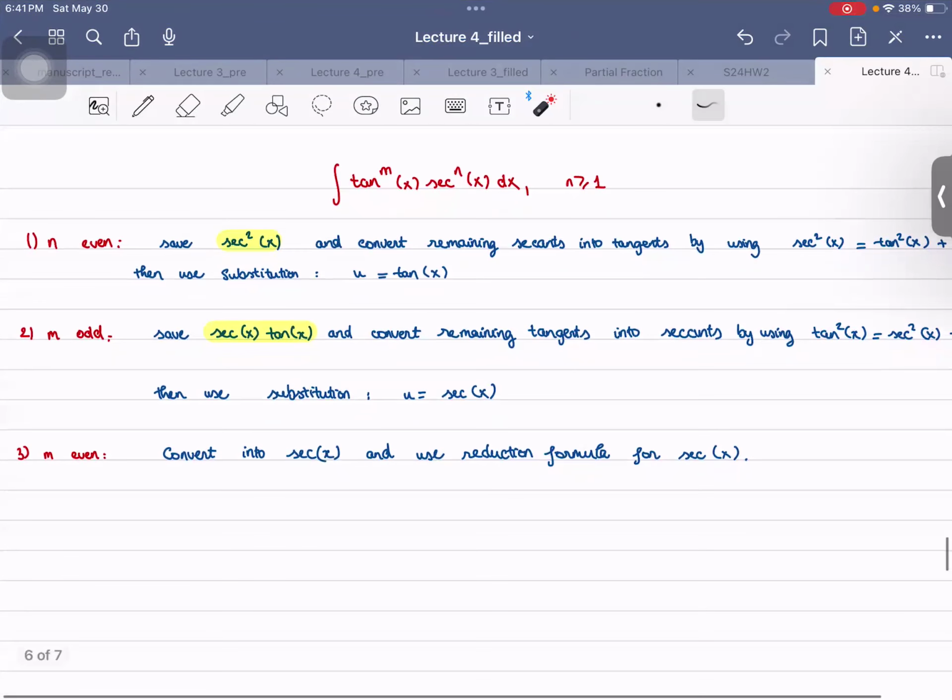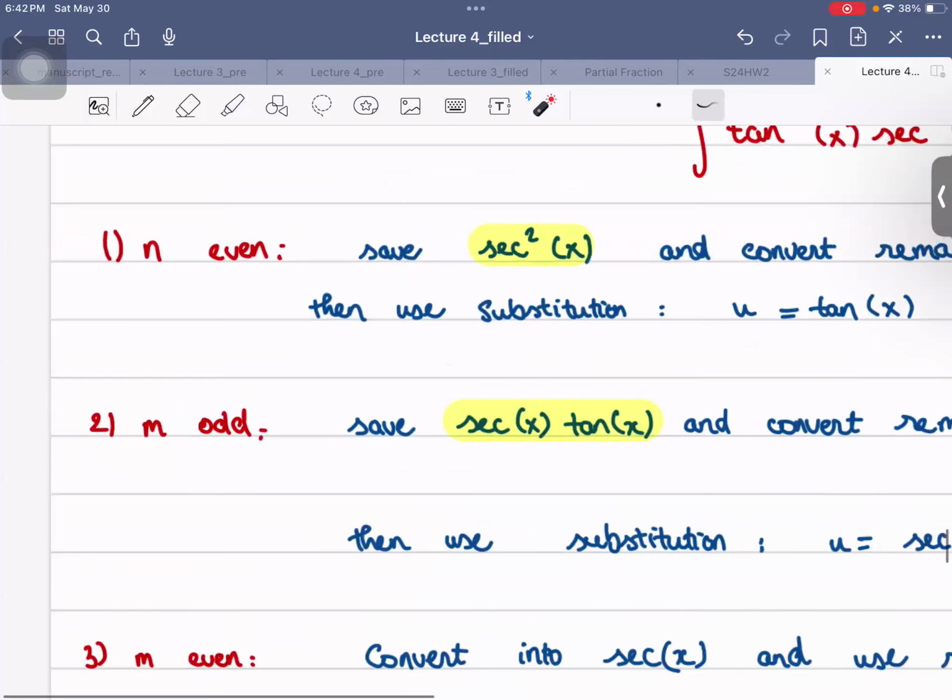Okay, so the first scenario you may encounter is the power of secant is an even number.